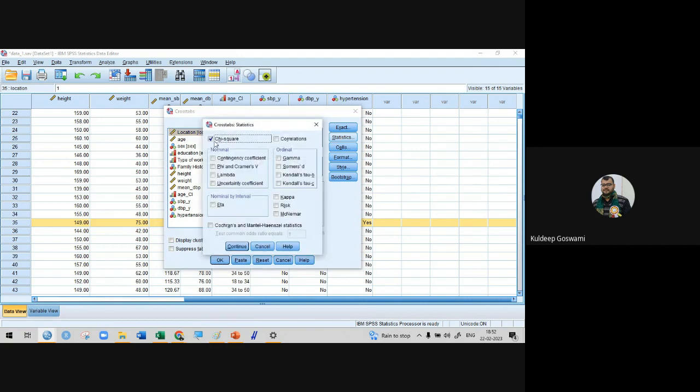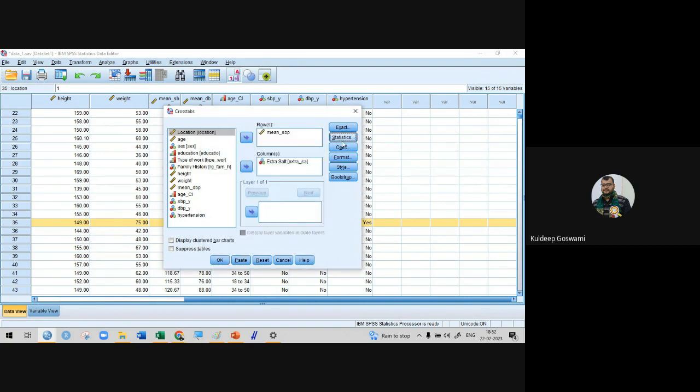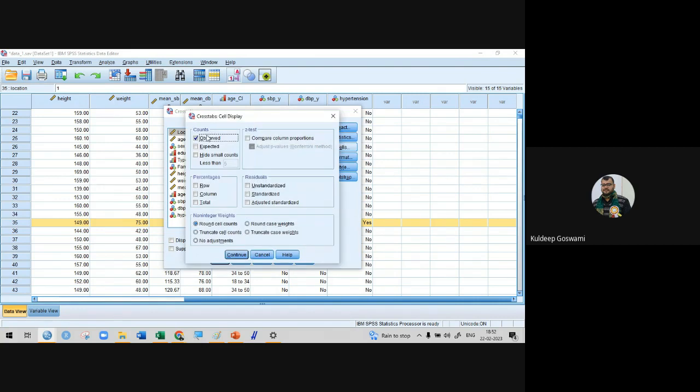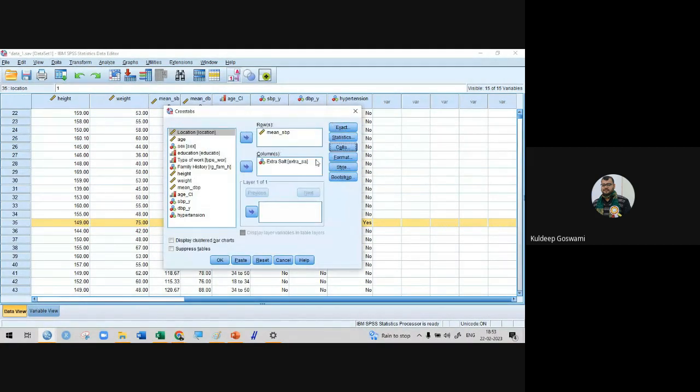Statistics, I will use only chi-square. You can see the correlation also. Then Cells, if you need the observed and expected frequency, then also you can. And then Format, Cluster, Suppress tables are there.